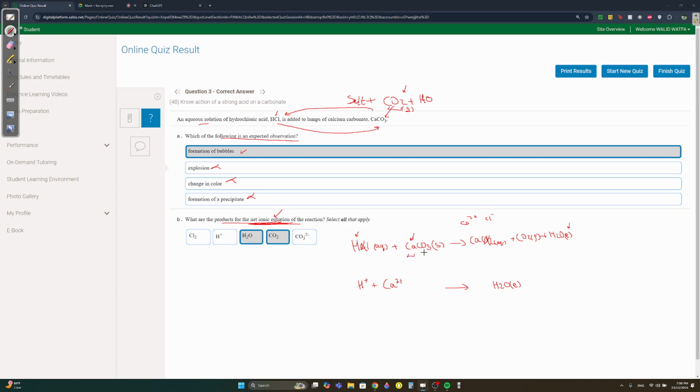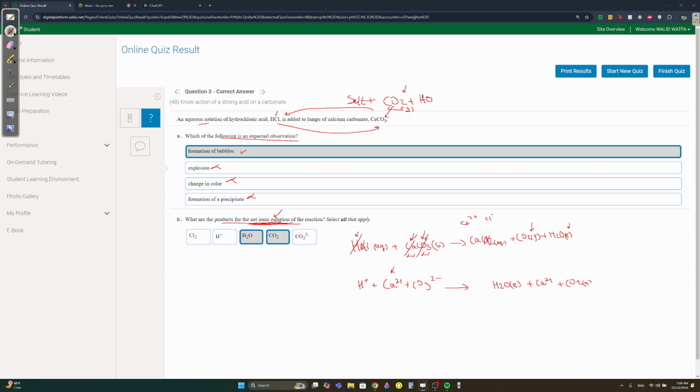CO3, it was solid. It became gas. By the way, I put Ca here, so I should put Ca also here. CO3 changed into CO2, so I'm going to put CO2 here because it changed, and I also put CO3 here.